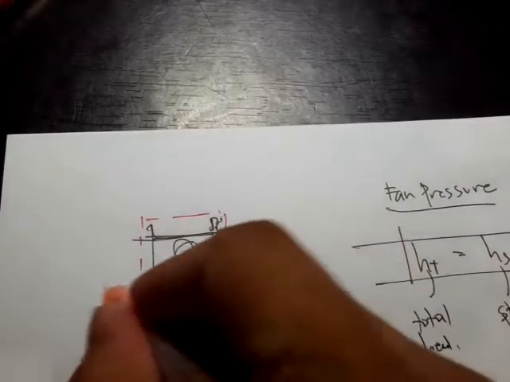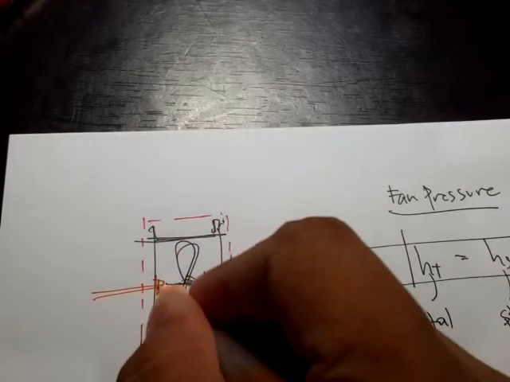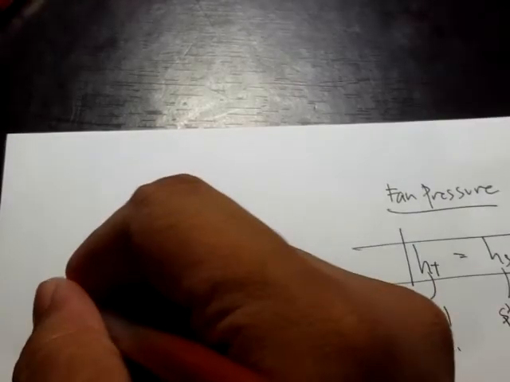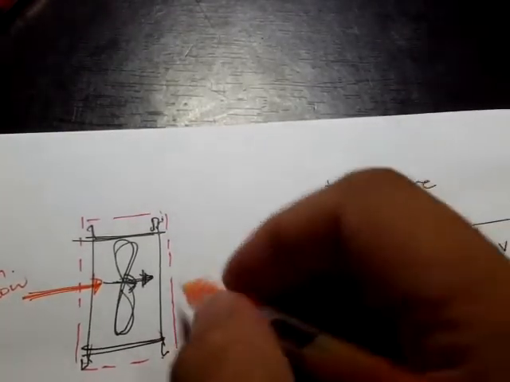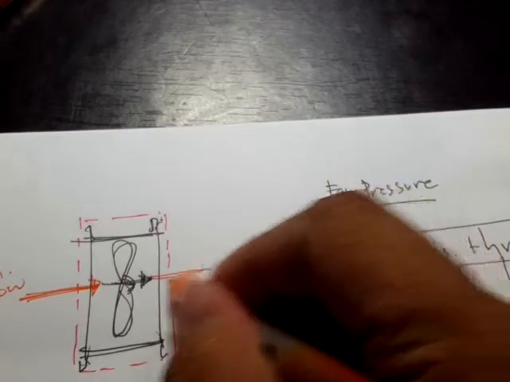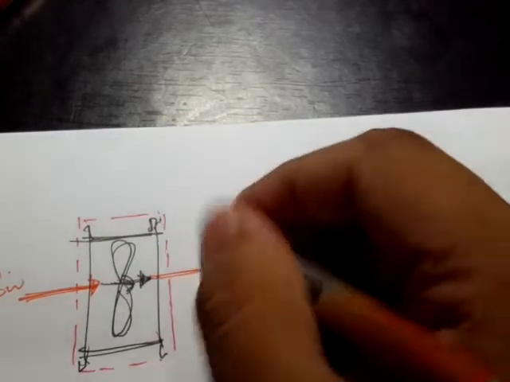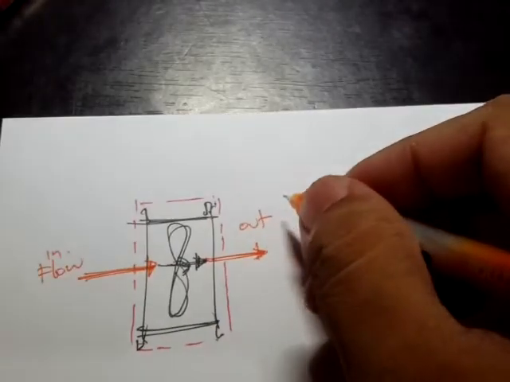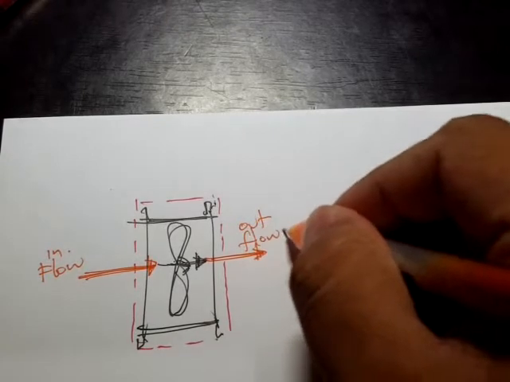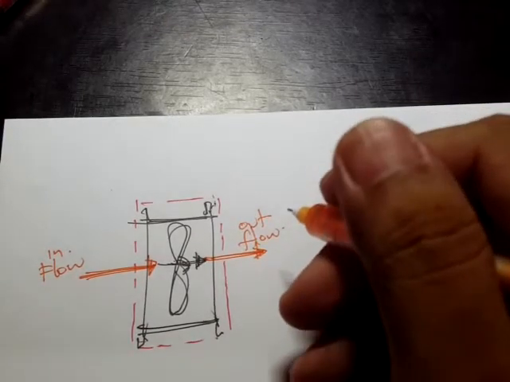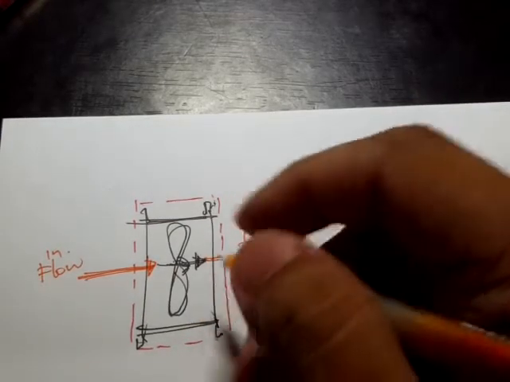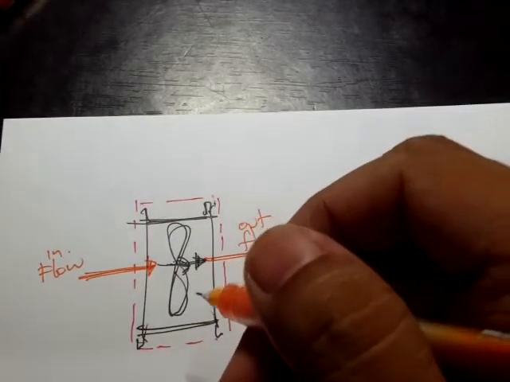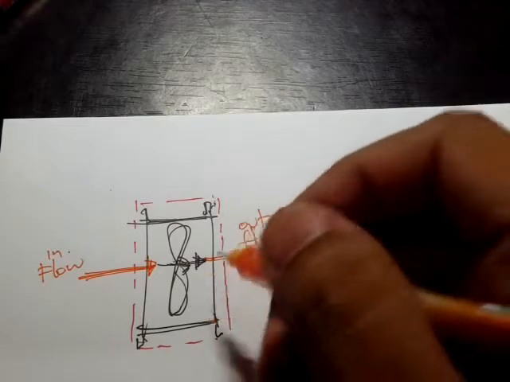So first one, we know that we have energy coming from the flow. So let's write here flow or inflow. And also we have an outflow. Okay, so what else? Of course, we also need energy that we need to input into the fan.